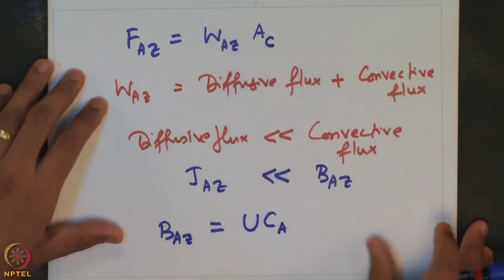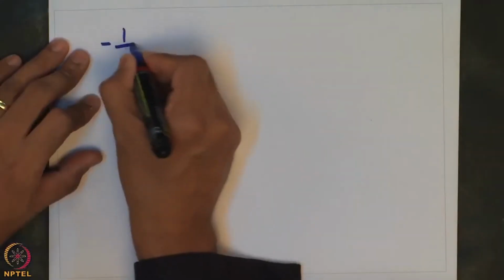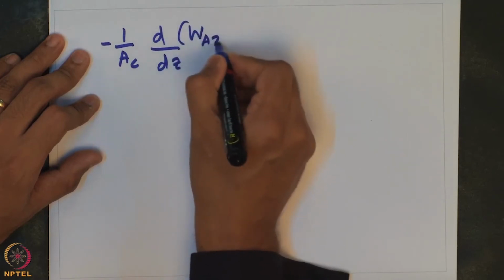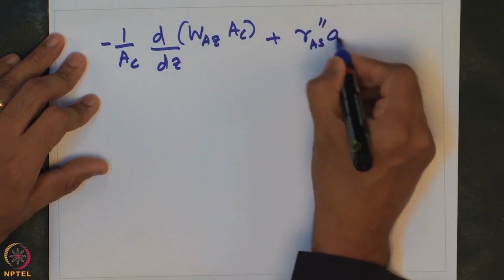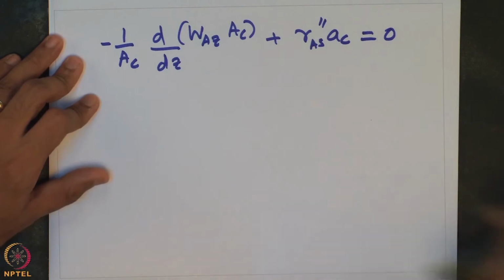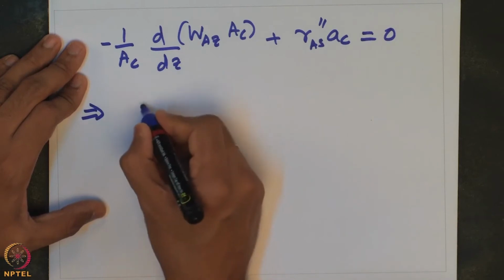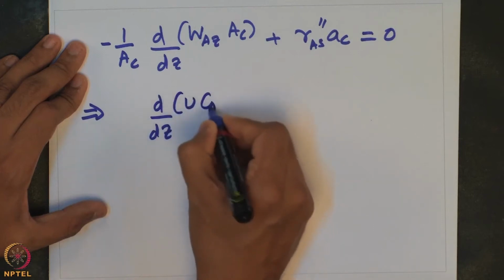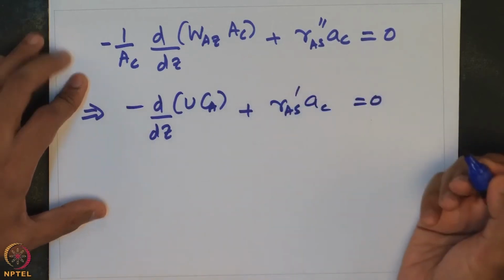So, substituting all this into the mole balance, we can find that minus 1 by Ac into d by dz of W_Az into Ac plus Ra double prime into a_c is equal to 0. So, therefore, from here we can find that this mole balance reduces to d by dz of u into Ca plus a_c Ra double prime equal to 0.